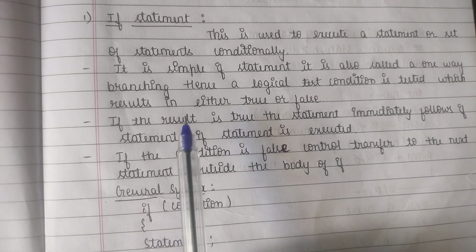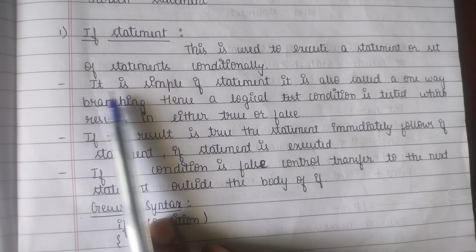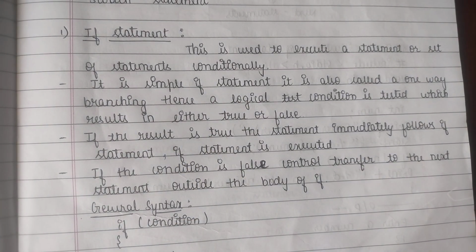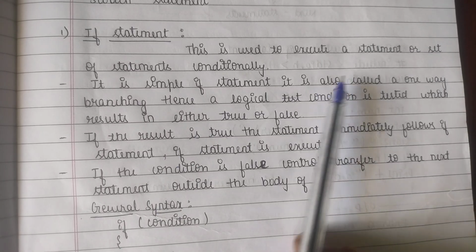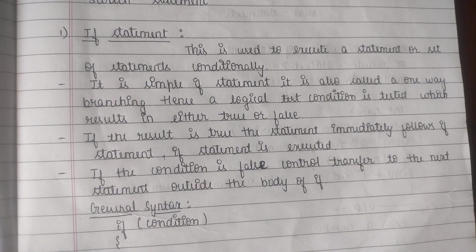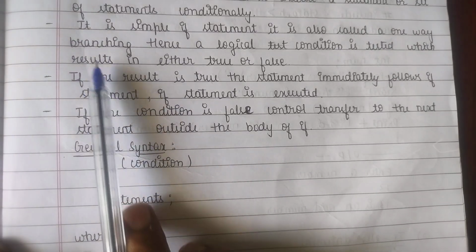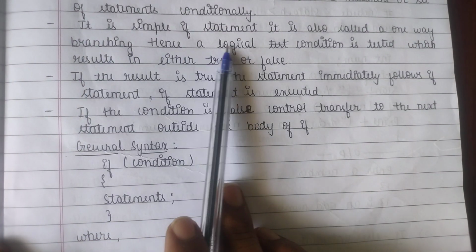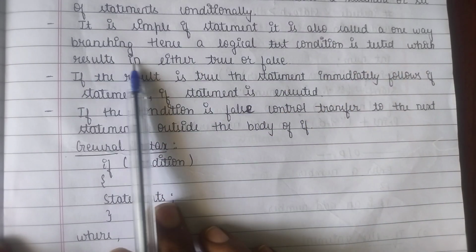In the if statement, this is used to execute a statement or set of statements conditionally. It may be a single statement or a group of statements. It is also called one way branching.